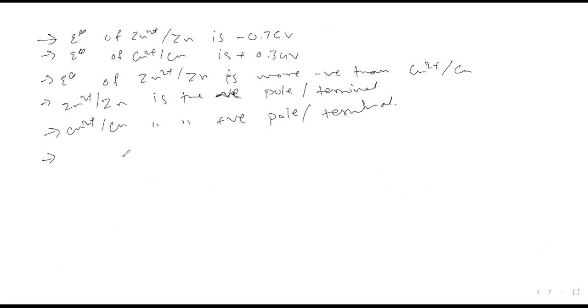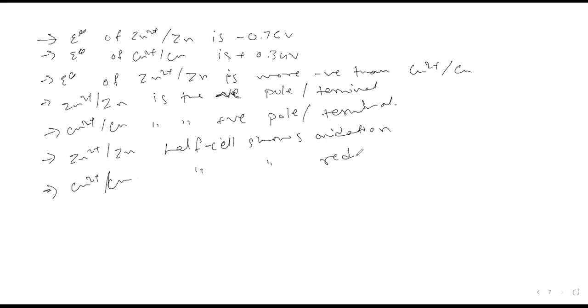The negative terminal shows oxidation. So the Zn2+/Zn half cell shows oxidation, while the Cu2+/Cu half cell shows reduction. Now the electrons flow from left to right in this case.